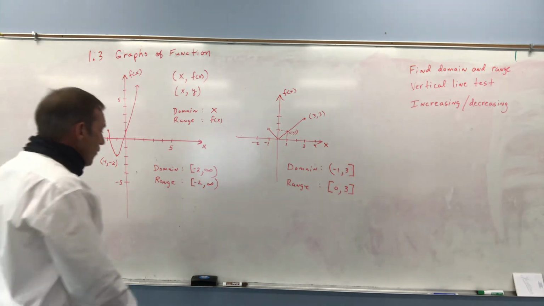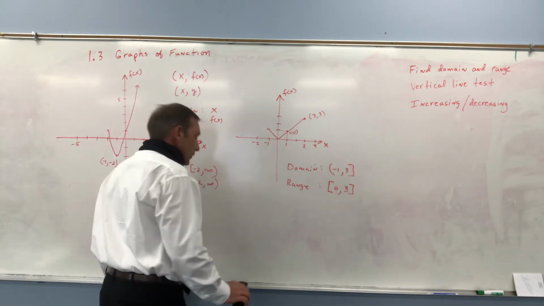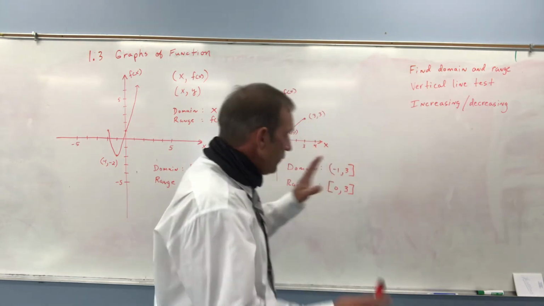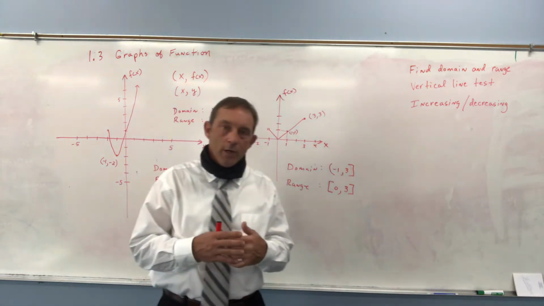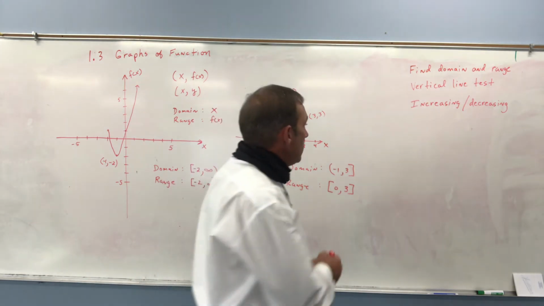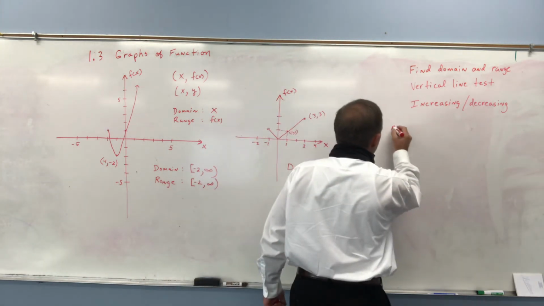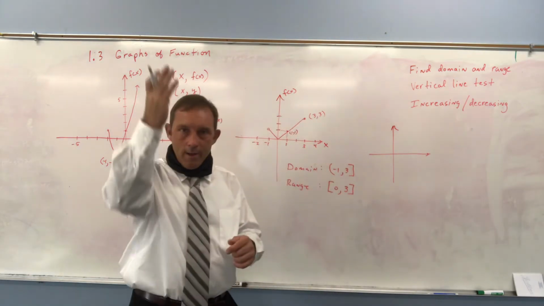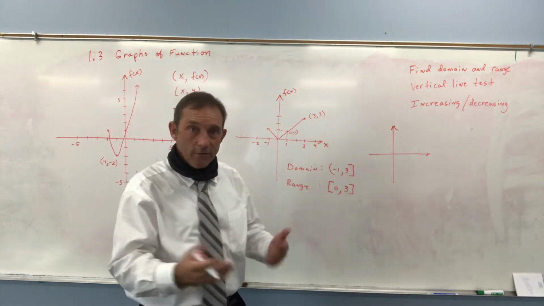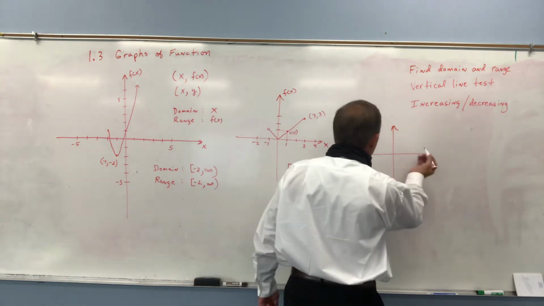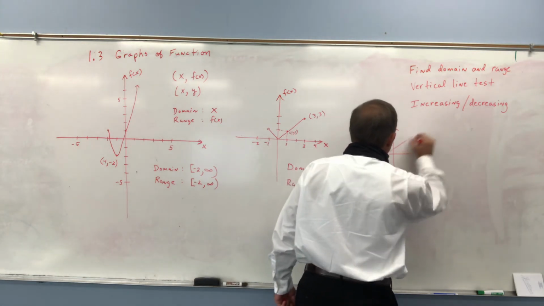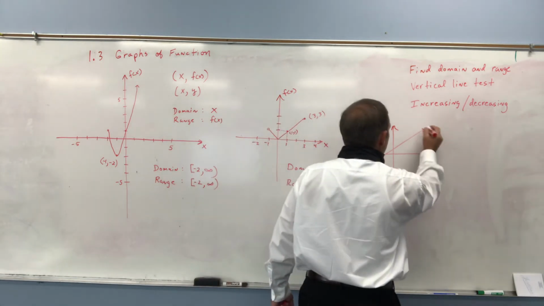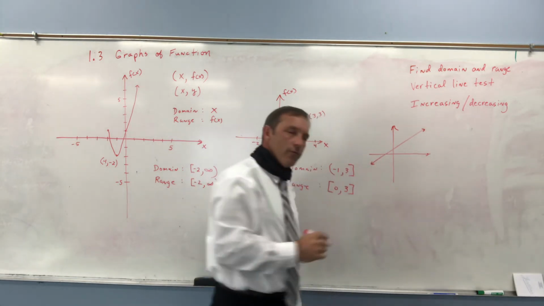So let's talk for a moment about the vertical line test. And this is used to determine whether what you're dealing with is a function. So let's say, for instance, you had a graph. I'm talking about looking at a graph, applying the vertical line test to see if it is a function. So let's suppose we had maybe just a line. And we're wondering, well, is this a function?